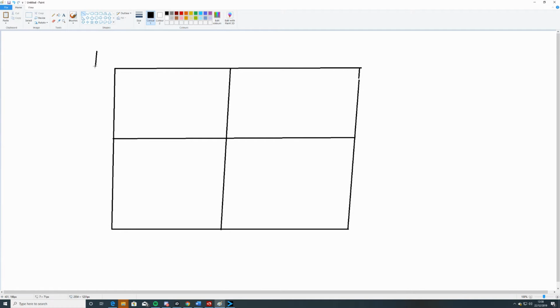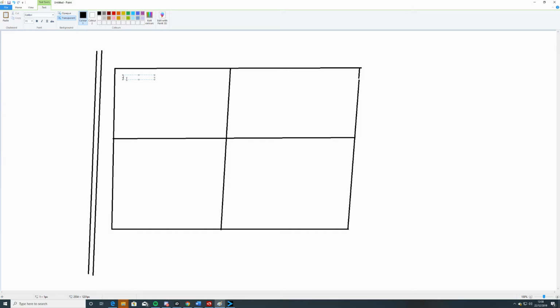So we'll just quickly draw this as well. And this will come into play in a second. Okay, so I'll just label them for you. We'll just put the definition of them.